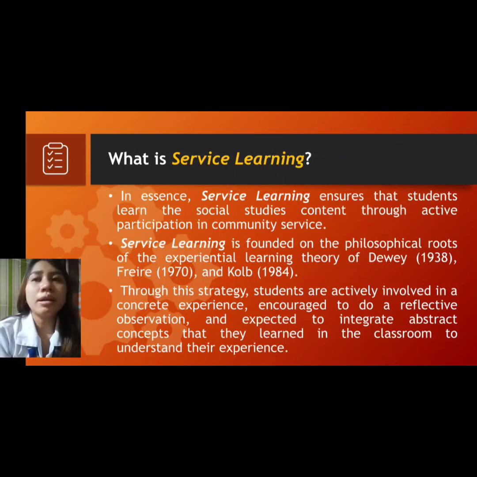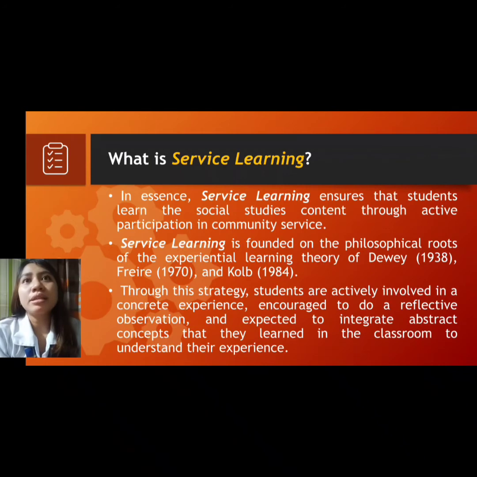Meaning to say, talagang ini-integrate na gawin tong service learning kasi required na magkaroon ng experiences ang mga bata. Kasi nga sinasabi na experience daw is the best teacher.